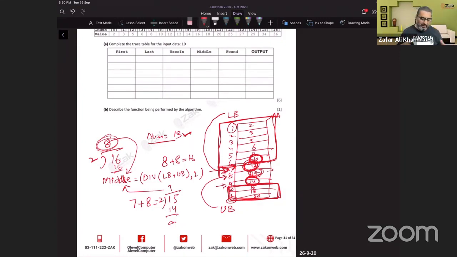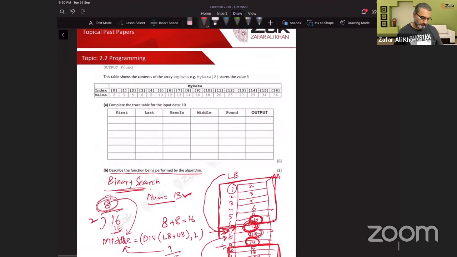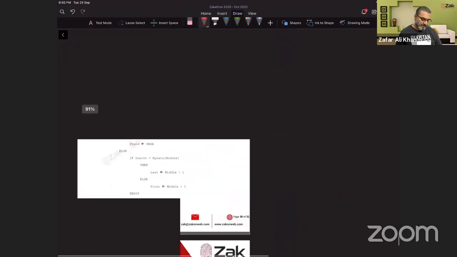So let's see how this algorithm actually works. This is called binary search, if you want to describe the function being performed by this algorithm. So let's see what they are doing.